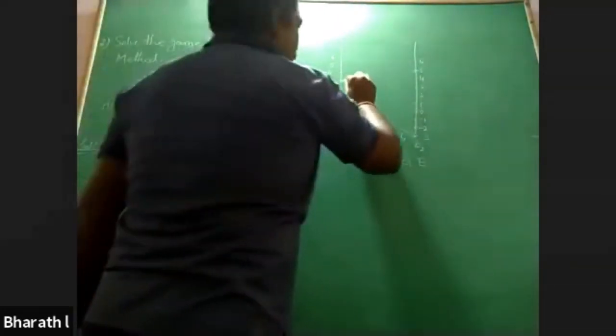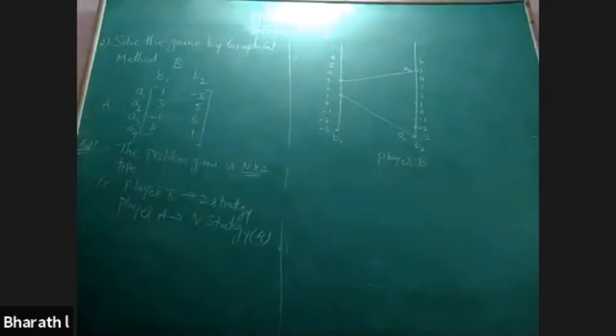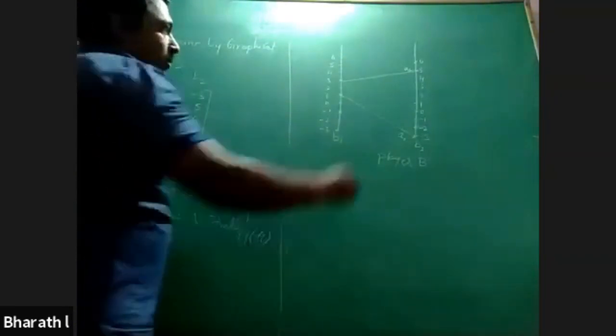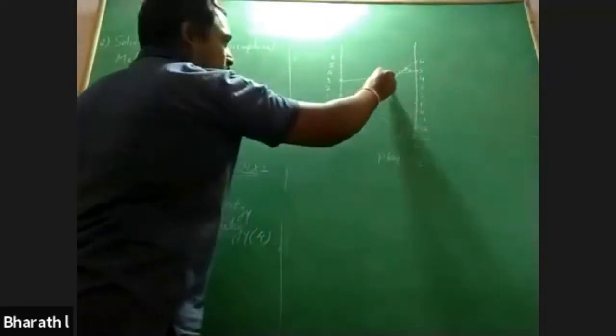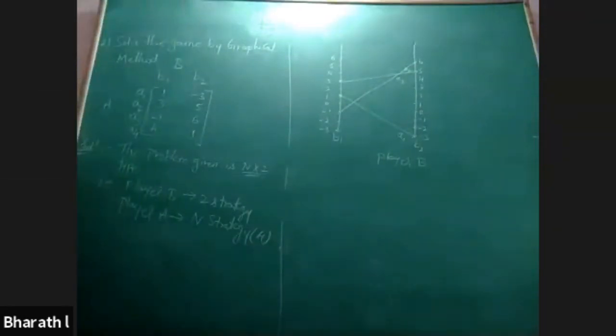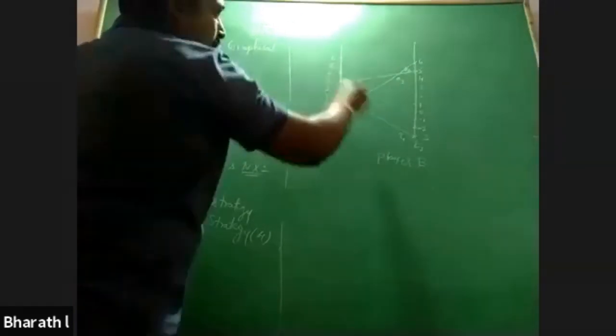You need to join them and name it A2. Then minus 1, 6. Minus 1 is here, plus 6 is here. Then we'll join these 2 points. You name it as A3. The last strategy is 4, 1. 4 is here, plus 1.